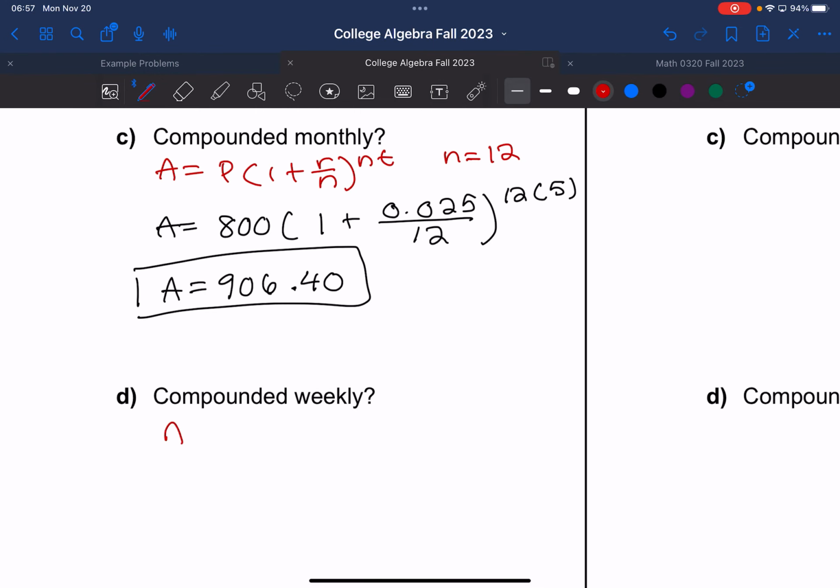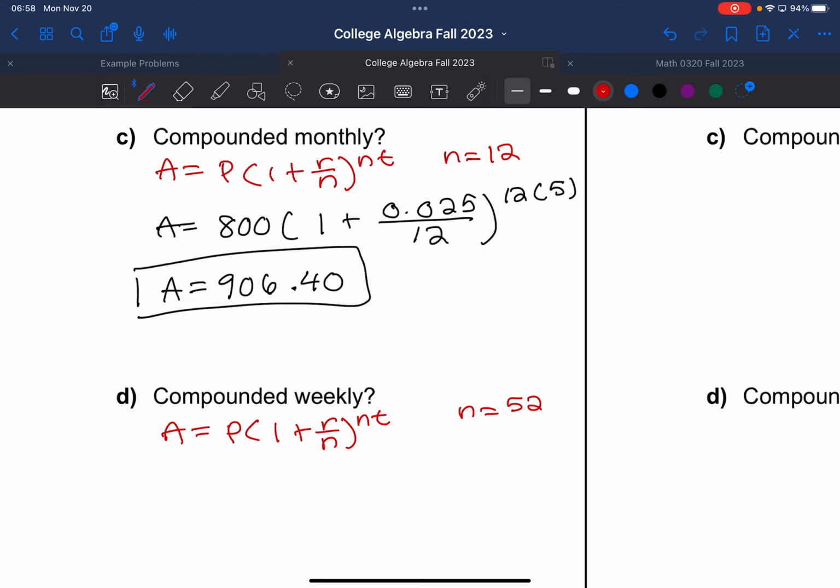Next one, same formula, but in this case, what is going to be our N? Think of how many weeks are in a year. 52. So N is equal to 52 now, because when we think of compounded, we think of whatever word is next, how much of that is in 1 year?